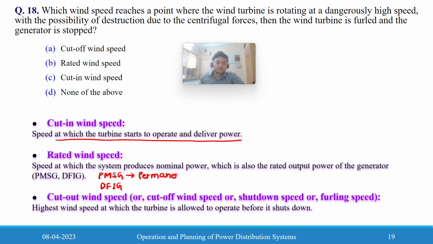PMSG stands for permanent magnet synchronous generator, and DFIG stands for doubly fed induction generator.